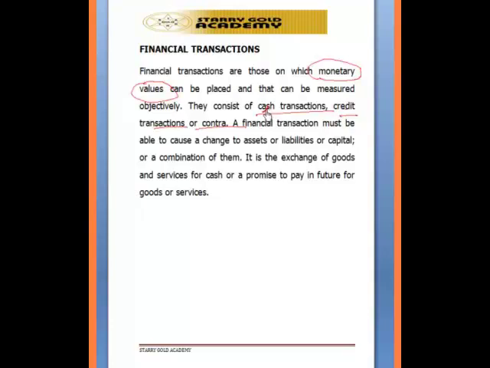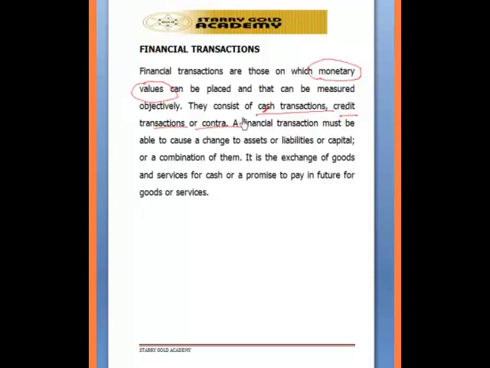Whereas a credit transaction is a financial transaction that has monetary value, but for which payment was not made immediately. As a result, the customer or the business entity defers payment for such a transaction. That is what we call a credit transaction.